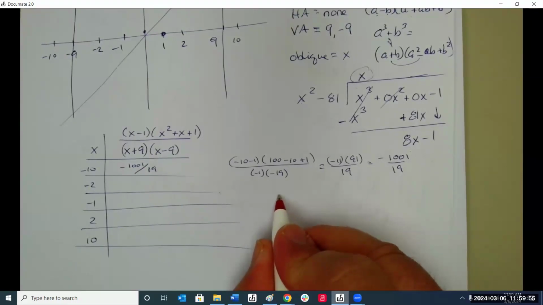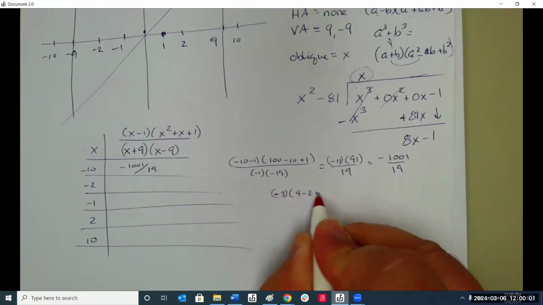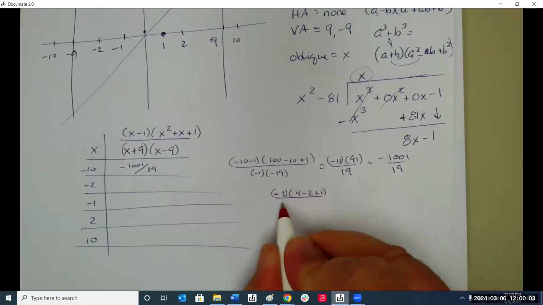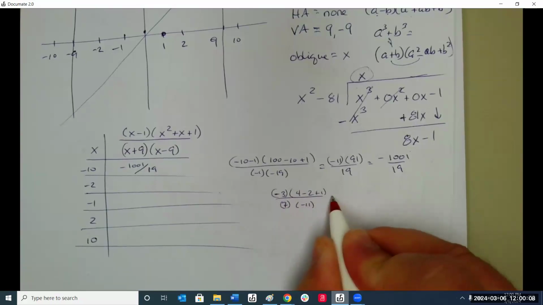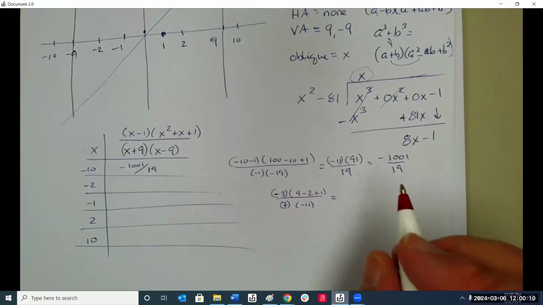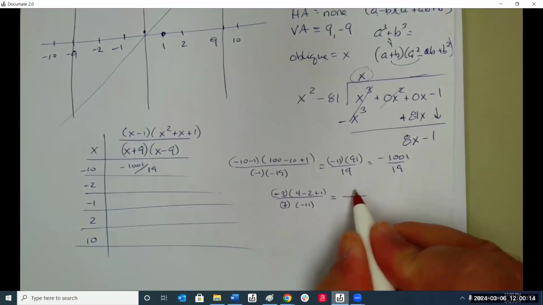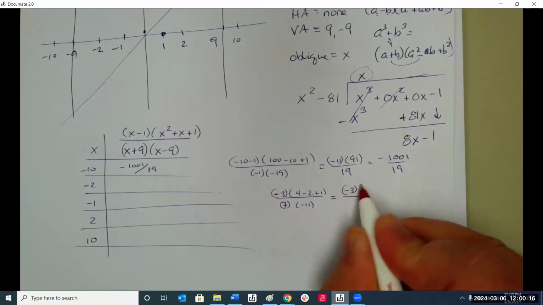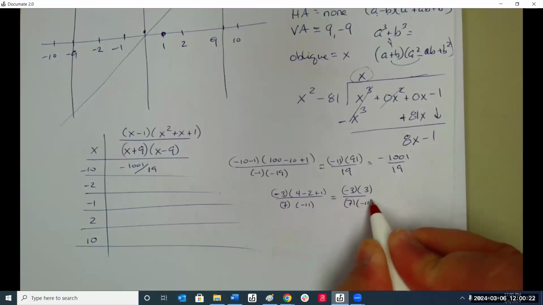At -2, we have -3, 4 minus 2 plus 1, 7, -11.